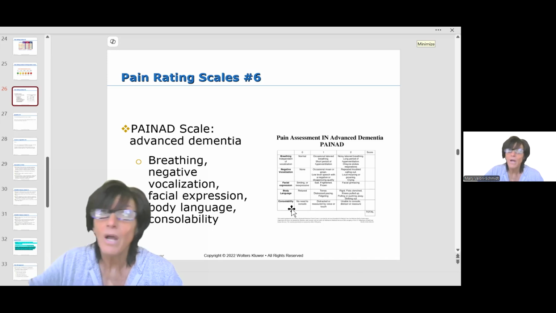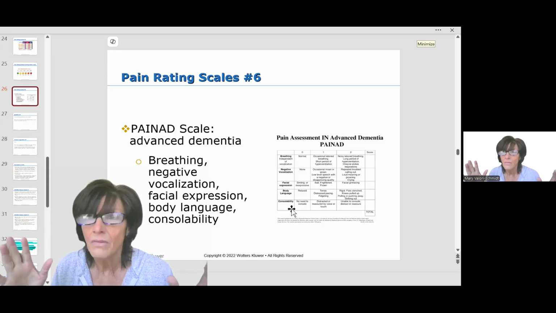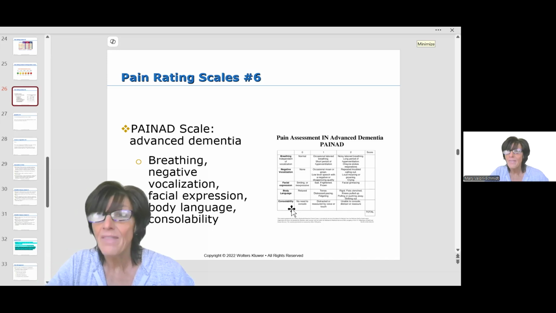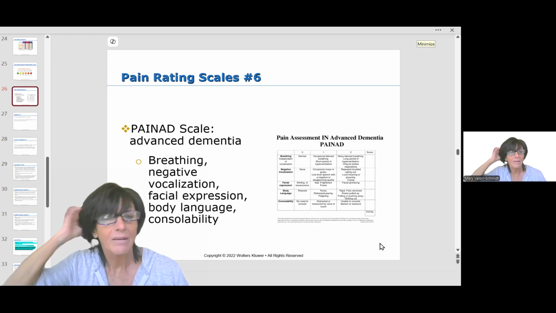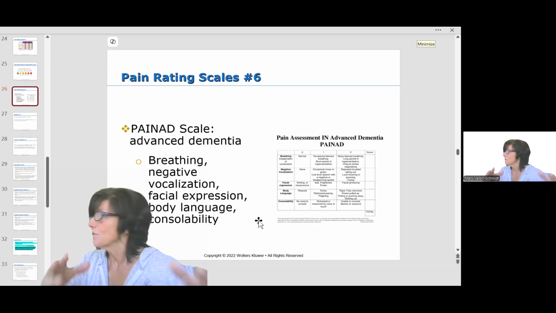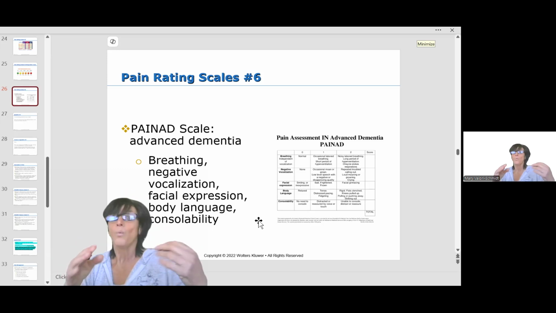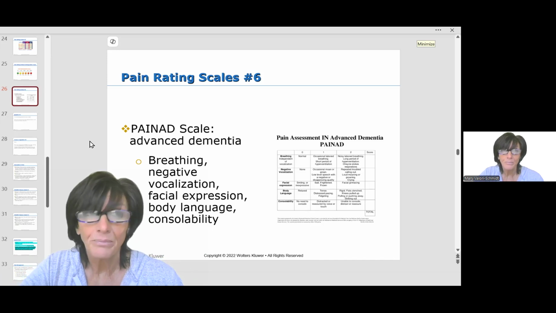Are we able to hug them and comfort them and they calm down? Or no matter what we do, they're just, okay. And then we come up with a score, and that tells us their level of pain. So these pain rating scales are great because it's a universally accepted and understood way to measure the pain of someone, even if they can't speak.